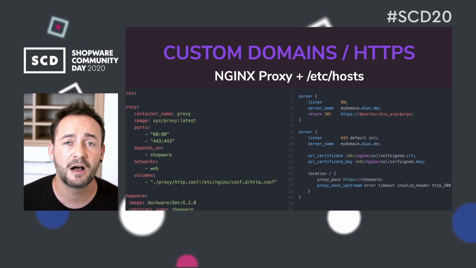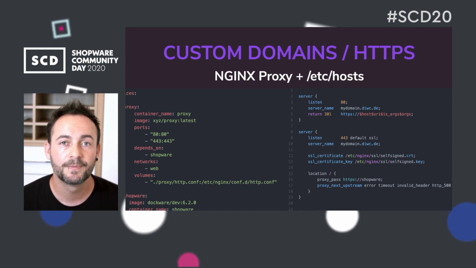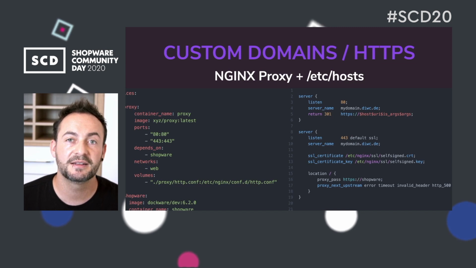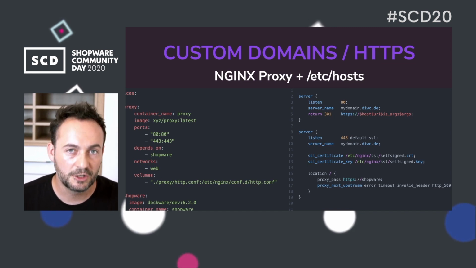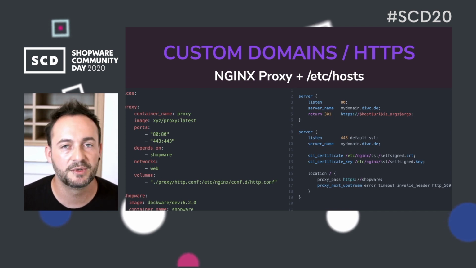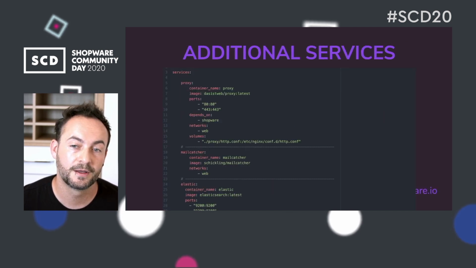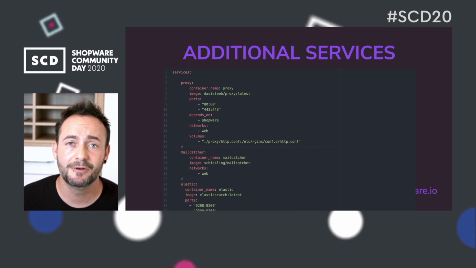And of course we have our location that basically just proxy forwards to our actual Shopware 6 container. And all you need to do in the end is tell Shopware in the sales channel database entry, use not localhost, but any other custom domain you want to use. And then it works.